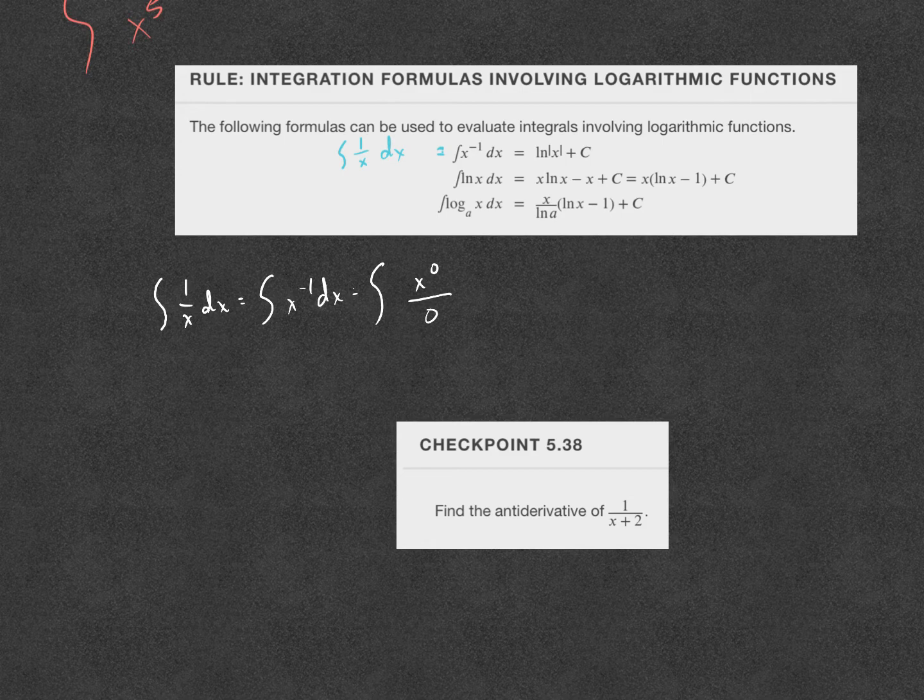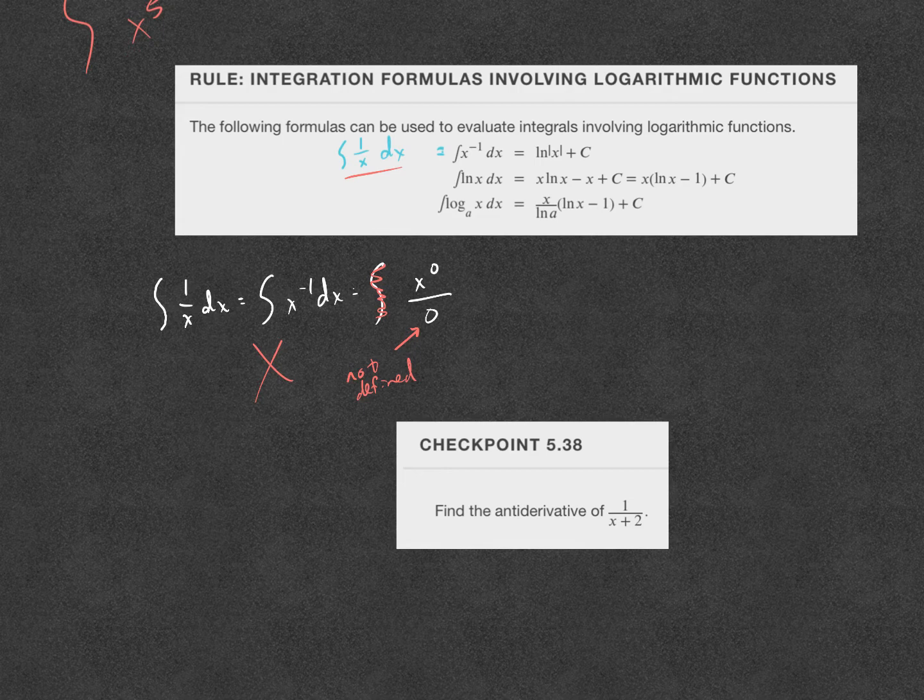I didn't mean to write, well, I meant to write it, but I'm wrong in writing that. So if you take the antiderivative, apply the power rule, you end up with a 0 in the denominator, which is not defined. Okay, so that is where you run into problems. So you don't just ignore it and keep going and say, hey, it's 1. That would be wrong. So this is incorrect. We need to recognize that the antiderivative of 1 over x is the natural log of x.